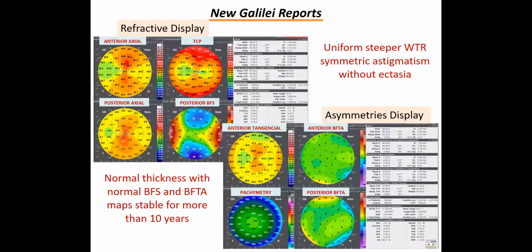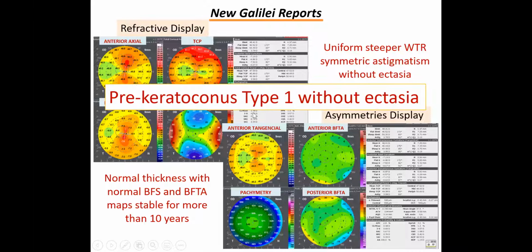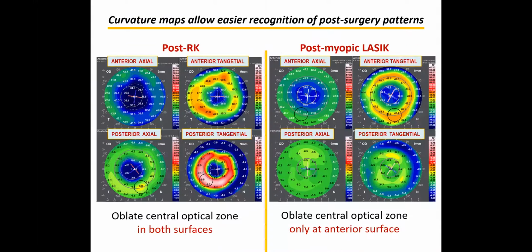This patient may have steepening, but there is no asymmetry, there is not a bump, neither thinning of the cornea. So this is not keratoconus. This is what we now call pre-keratoconus type 1 without ectasia.